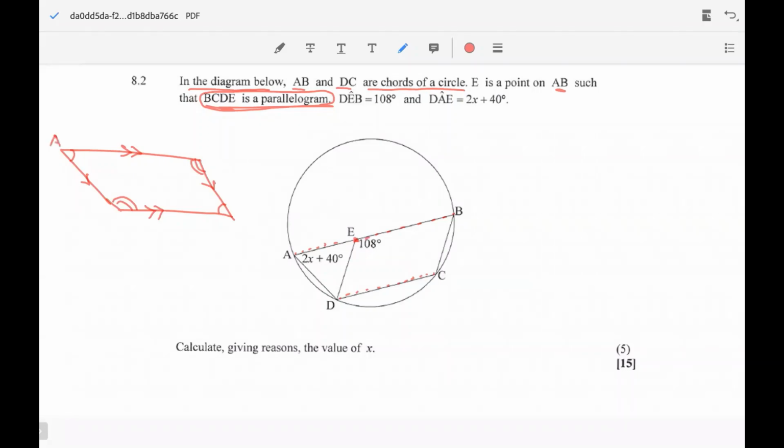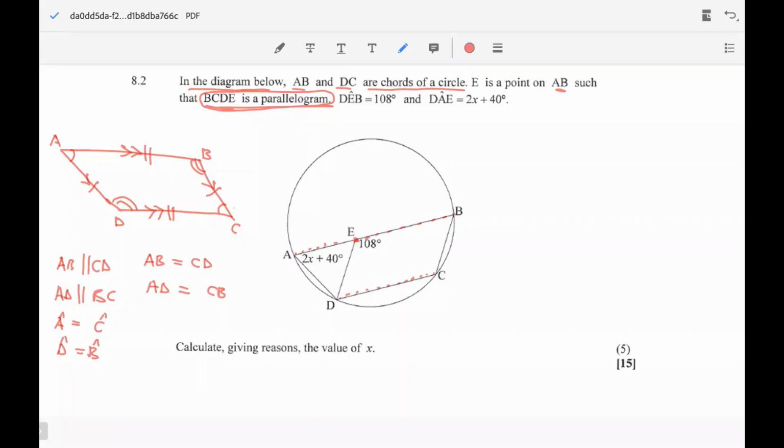Okay, so AB should be parallel to CD, and also AD should be parallel to BC, and also angle A should be equal to angle C, and angle D should be equal to angle B. And also the opposite sides are equal in length, which means that AB equals CD and also AD equals CB.